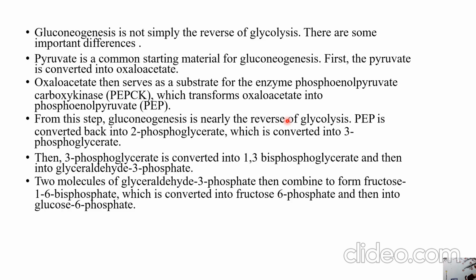So phosphoenolpyruvate is converted back into 2-phosphoglycerate, which is converted to 3-phosphoglycerate, and then into 1,3-bisphosphoglycerate and then into glyceraldehyde 3-phosphate. The two molecules of glyceraldehyde 3-phosphate then combine to form fructose 1,6-bisphosphate, which is then converted into fructose 6-phosphate and then into glucose 6-phosphate.